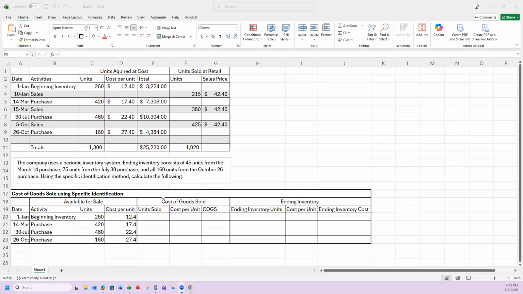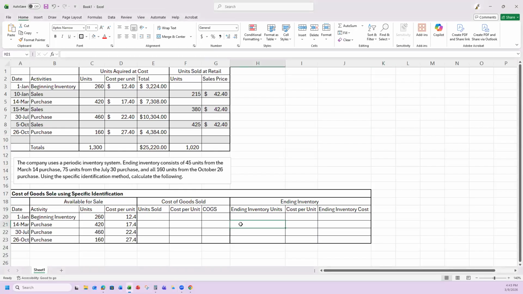And so what's nice about specific identification is you don't have to worry about what sold first or what sold last or anything like that. We are given the information to figure out which units are actually sold. So to attack this, I'm just going to look at this and say our ending inventory consists of 45 units from the March 14th purchase.